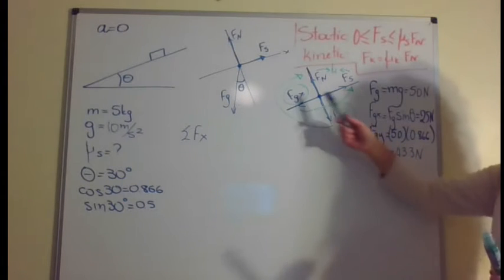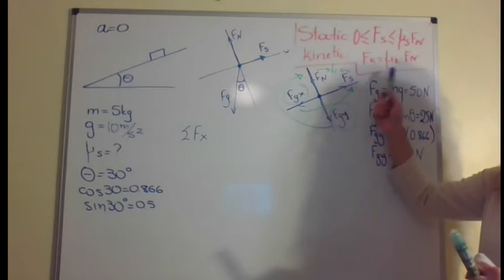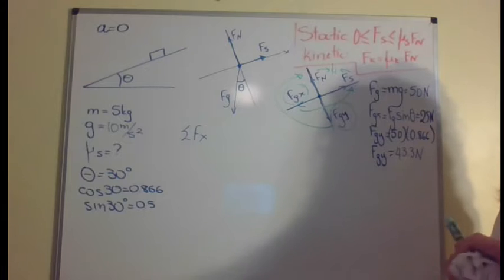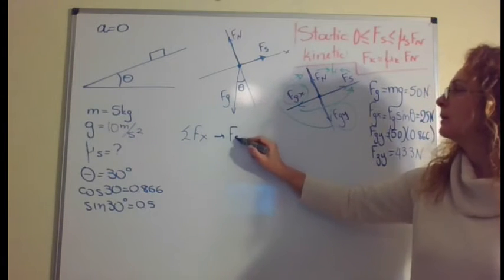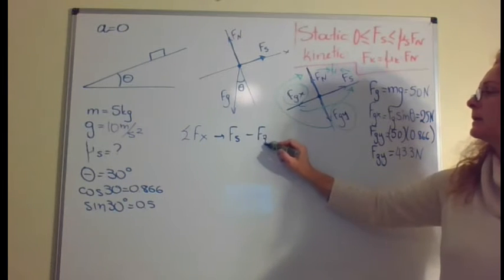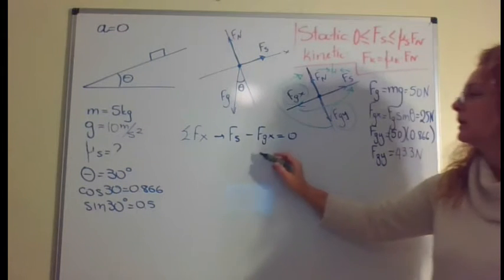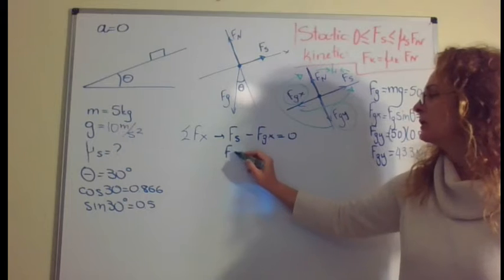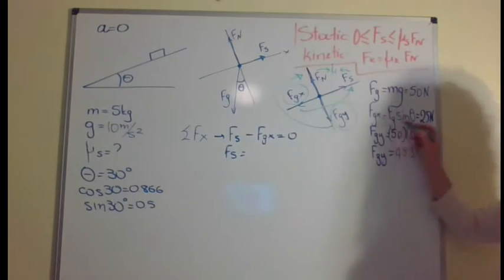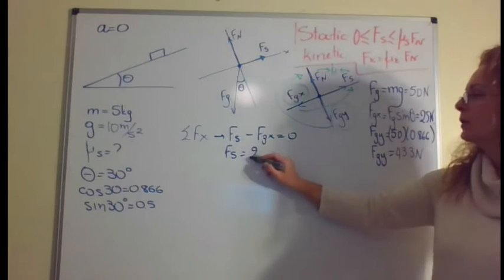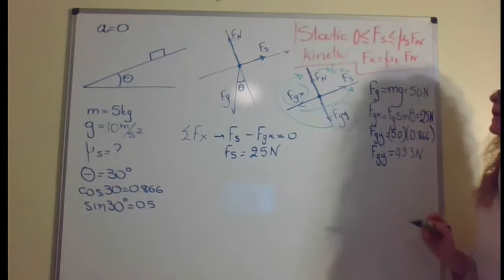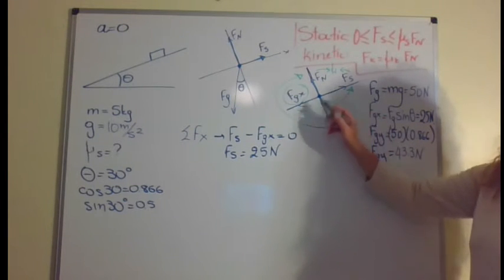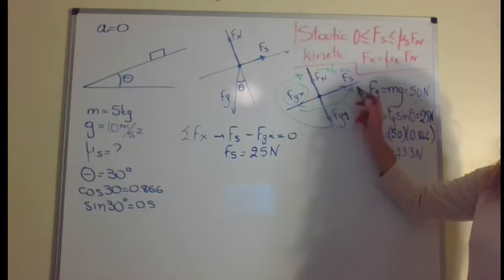So starting from the x-axis, I do know that the sum of forces on the x-axis should be 0. That means that static friction minus Fgx should be 0, which means that static friction should be equal to Fgx, so it should be 25 newtons. Now, I found the static friction.